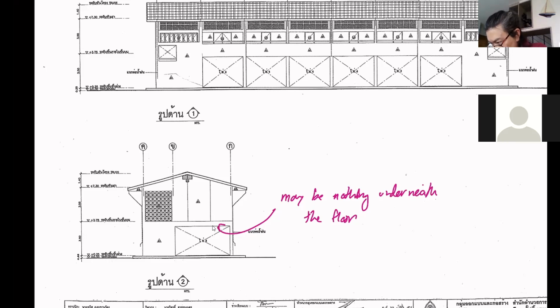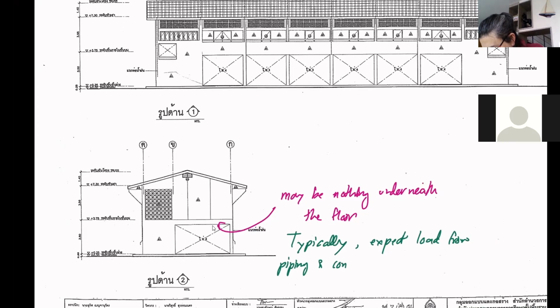But typically, expect the load from piping, conduits. You have the system for the air conditioning, the piping system for your toilet and sanitation, and perhaps the conduits for all the wires, because we now have the internet connection and so on.